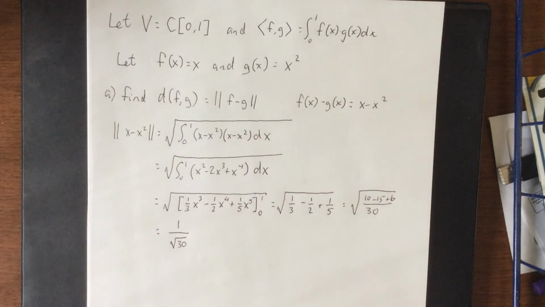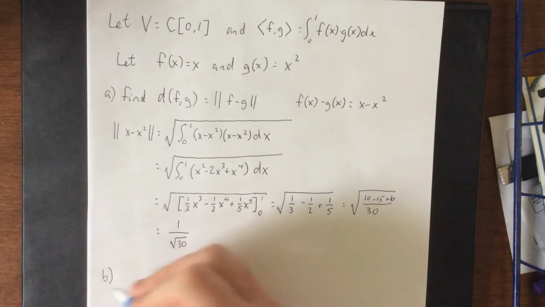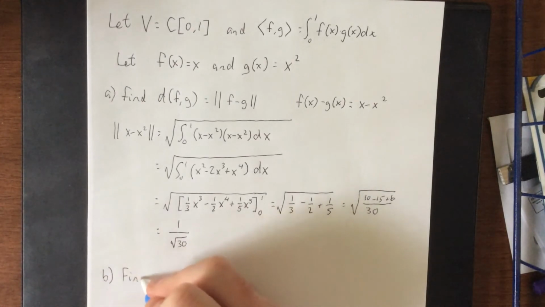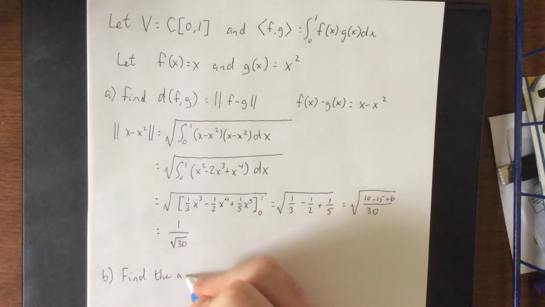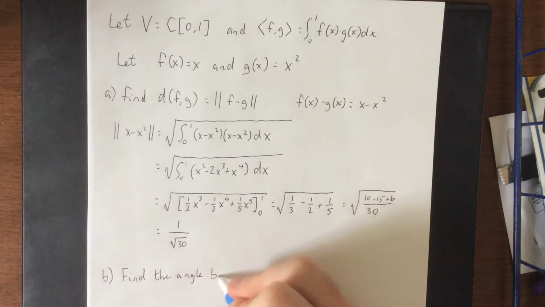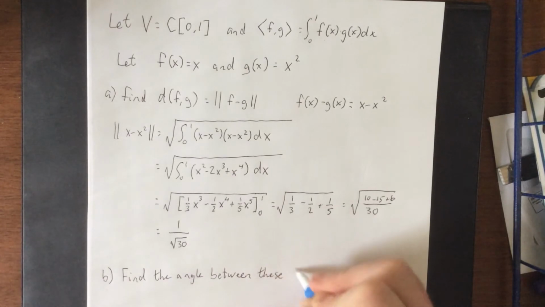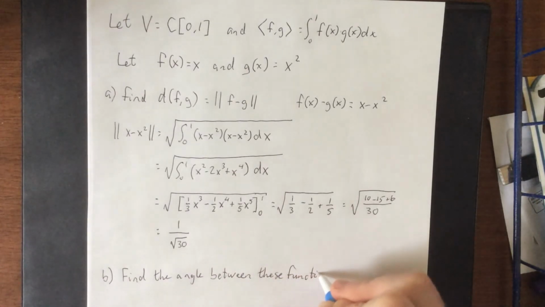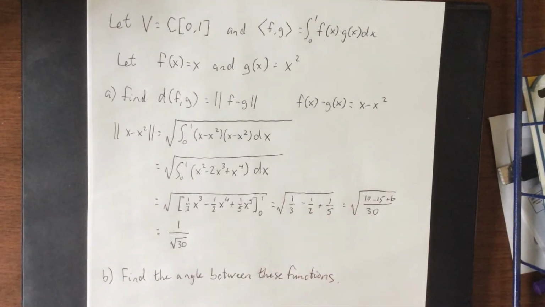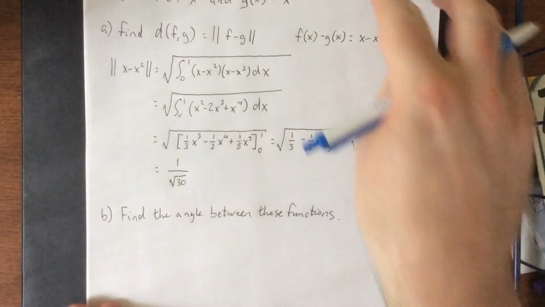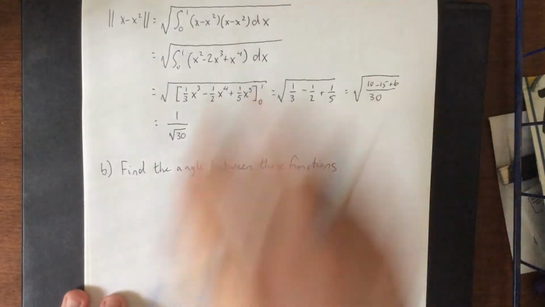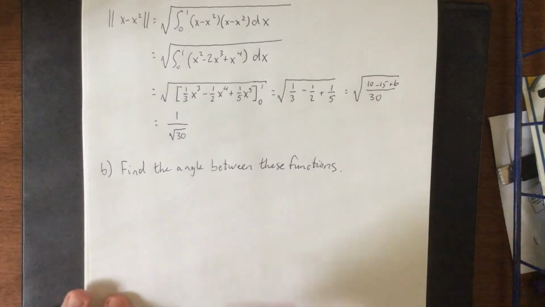Now, since we've done it for the other examples in here, let's go ahead and find the angle between these two functions as well. Now for that, we're going to need the inner product of these two functions, as well as the magnitudes of these two functions.